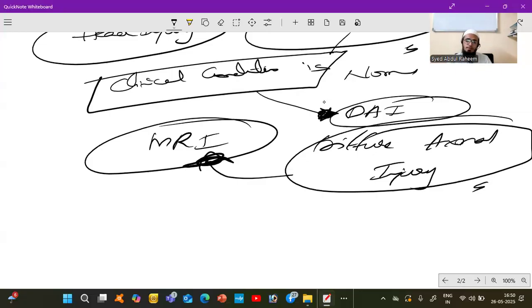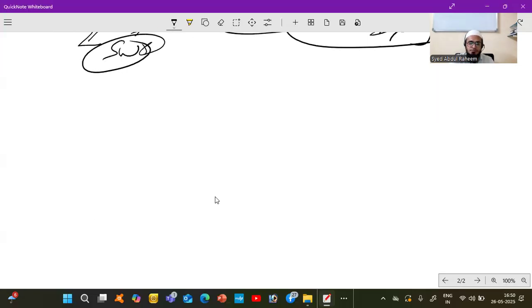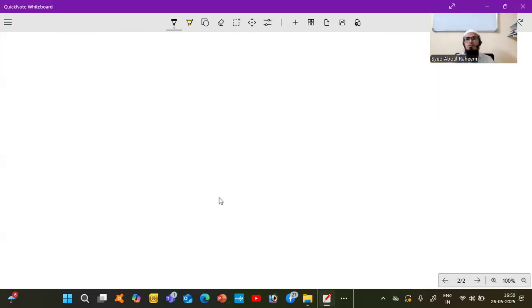In MRI also, the radiologist will do some additional sequence. Most probably SWI, sorry, not DWI, SWI. This scan is better for the actual diagnosis. We will not go into the detail. So this is about MRI, when you have to do MRI.